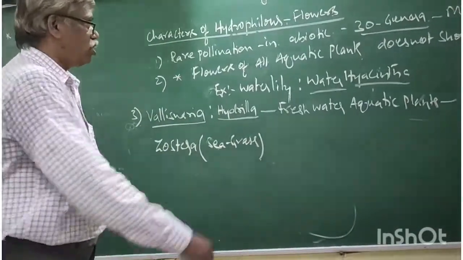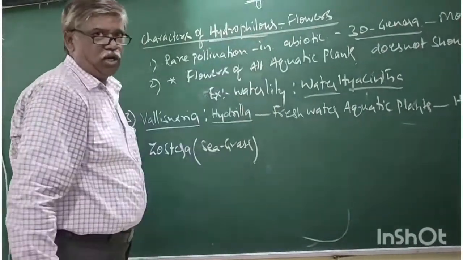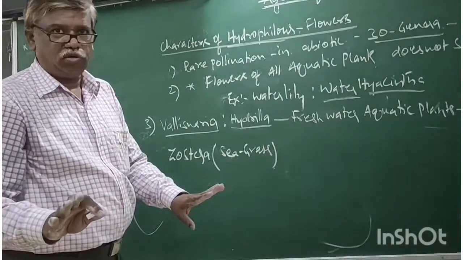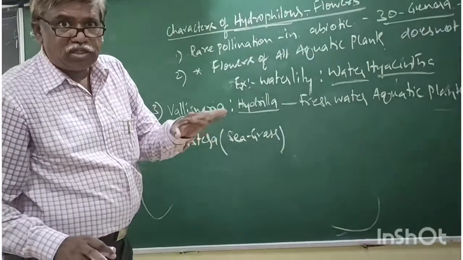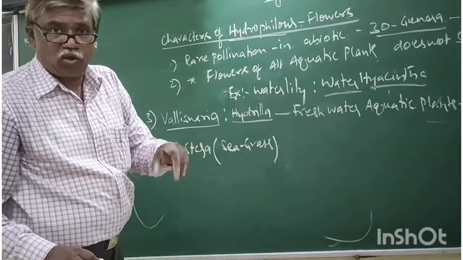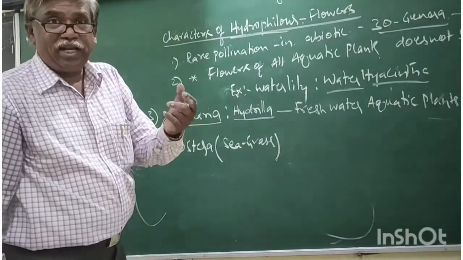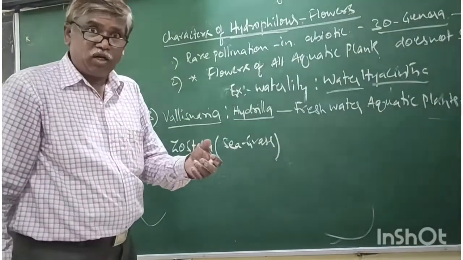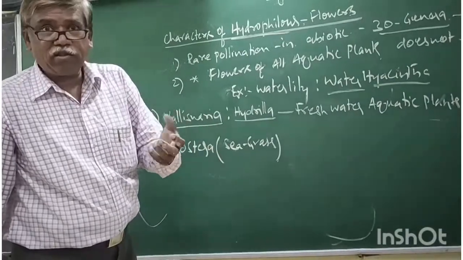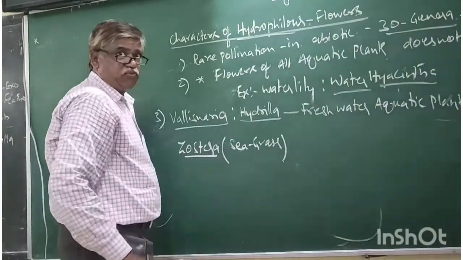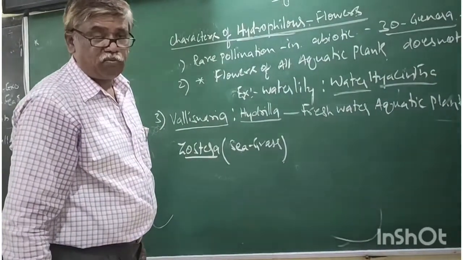What is the topic? Hydrophily. Hydrophily means pollination by water. The water present on the surface of earth is of two types based on salinity. If it has less salts, it is freshwater; if more salts, marine. The marine is nothing but seawater. Now, what is Zostera? Is it a freshwater plant or marine?